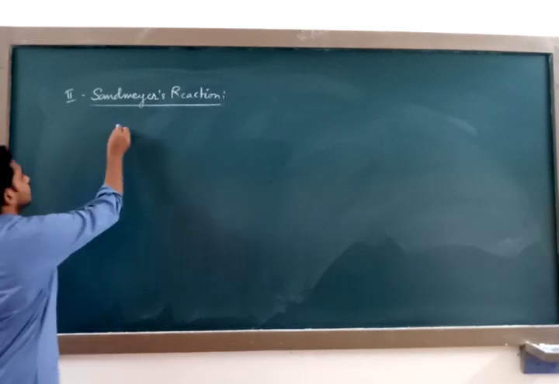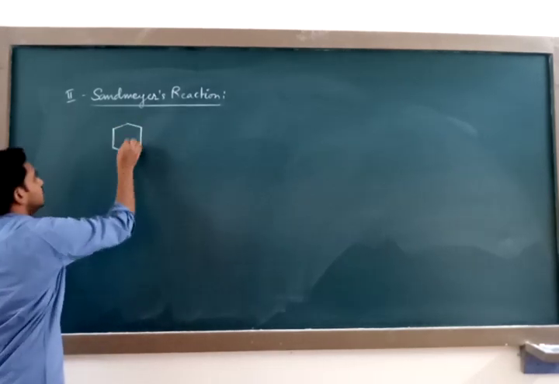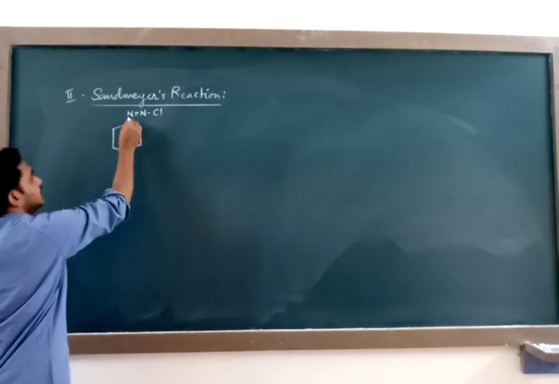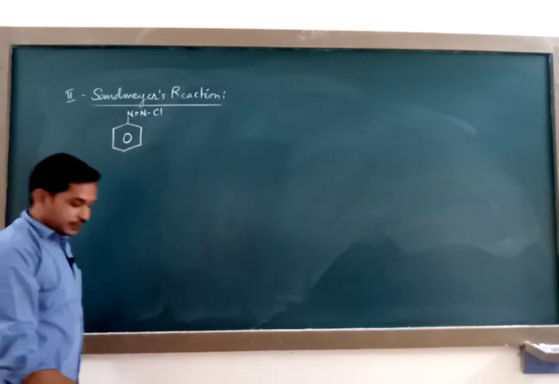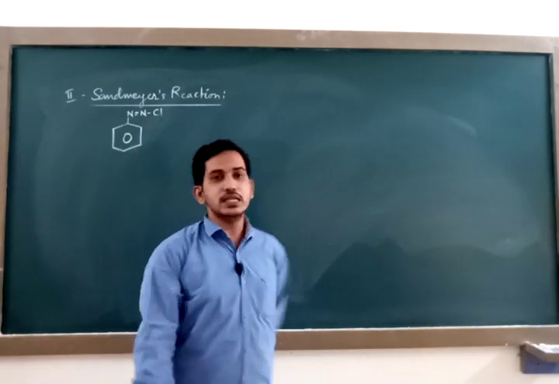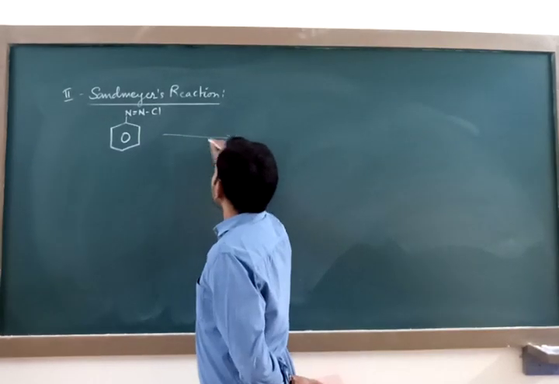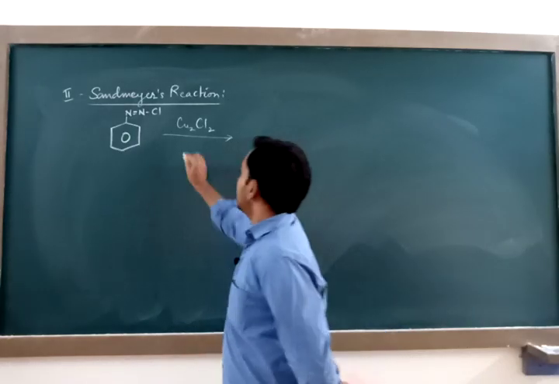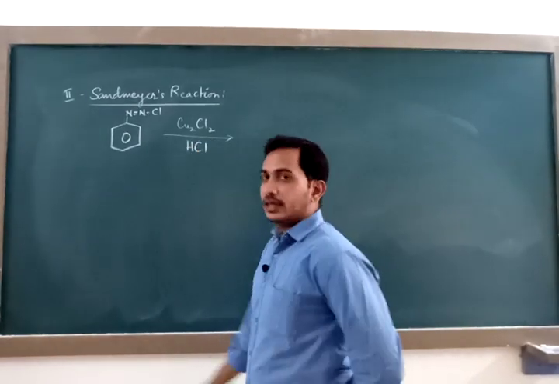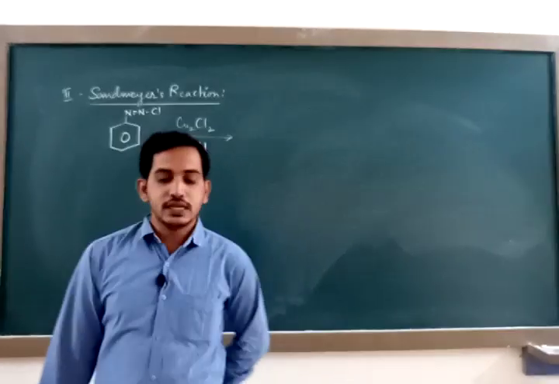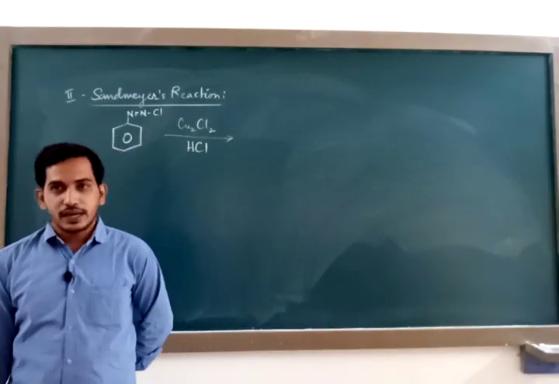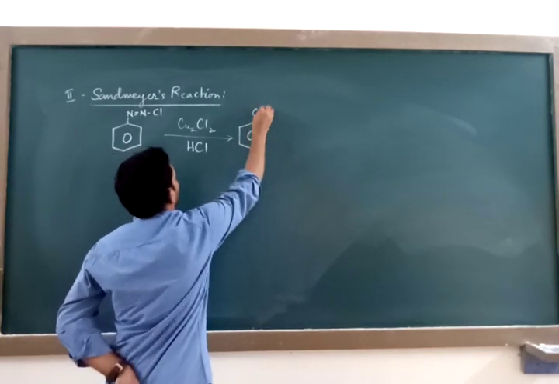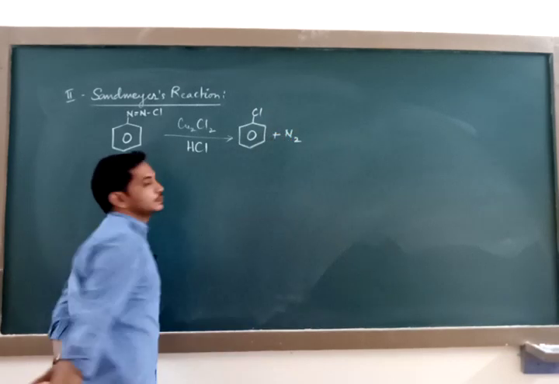How is this prepared? Whenever benzene diazonium chloride is reacted with cuprous chloride along with HCl, then you will get chlorobenzene along with nitrogen gas.